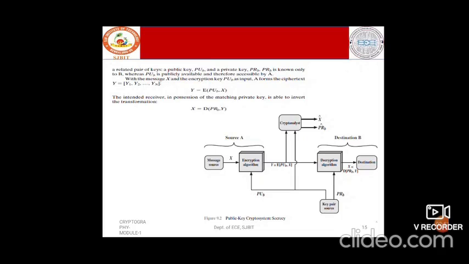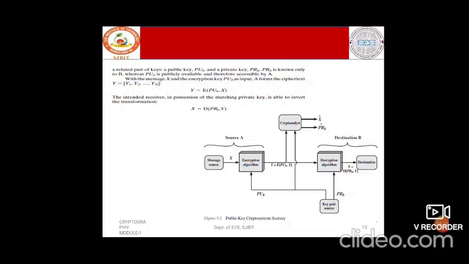The message is intended for destination B. B generates a related pair of keys, a public key denoted as PUB and a private key denoted as PRB. PRB is known only to B, whereas PUB is publicly available and therefore accessible by A.